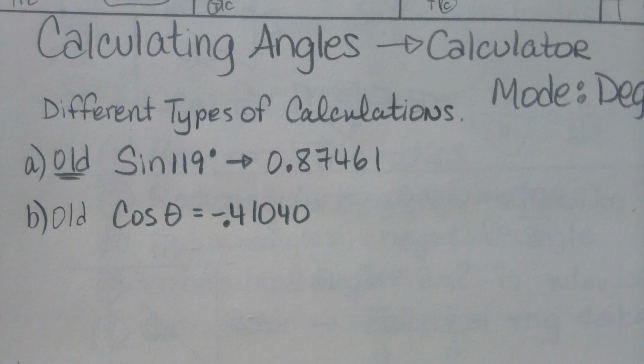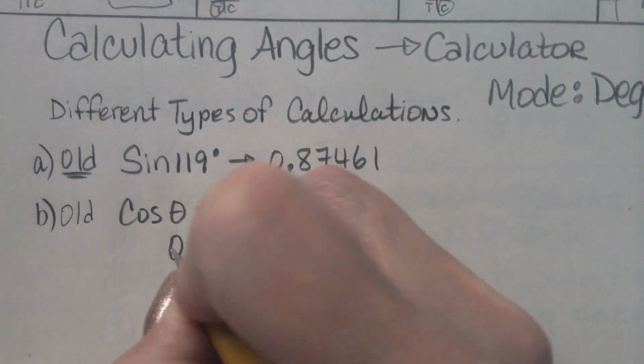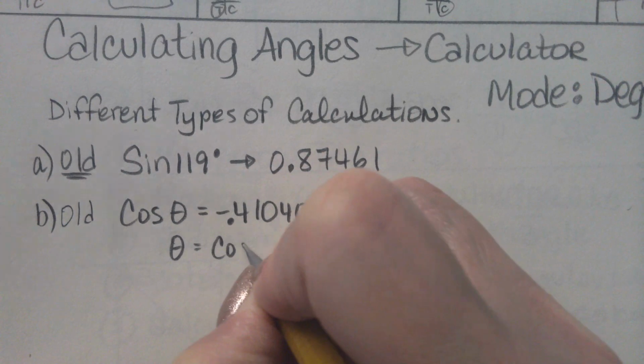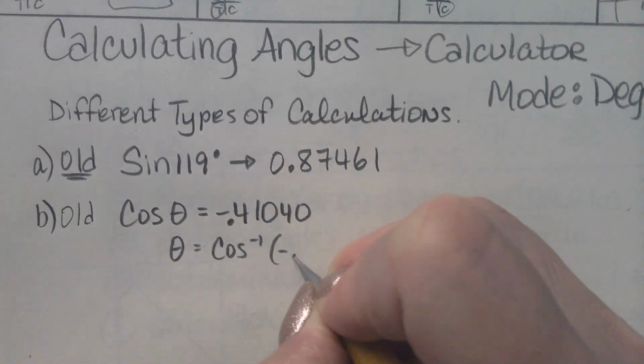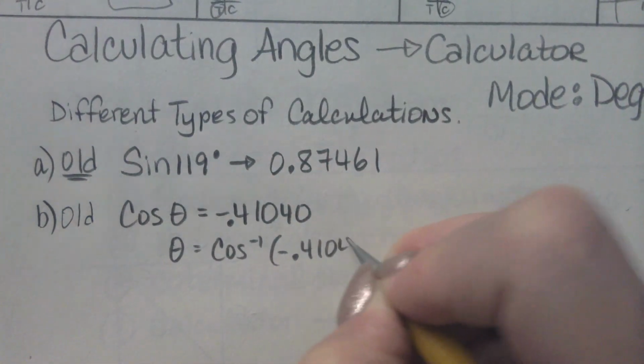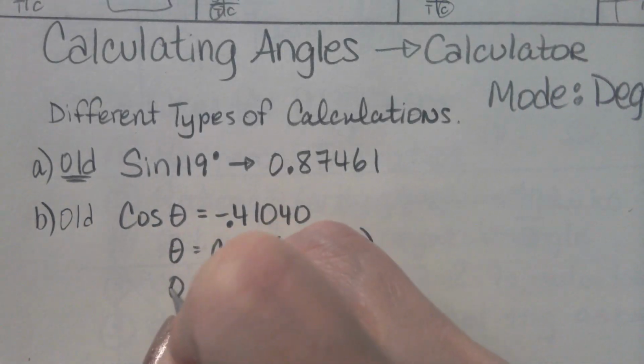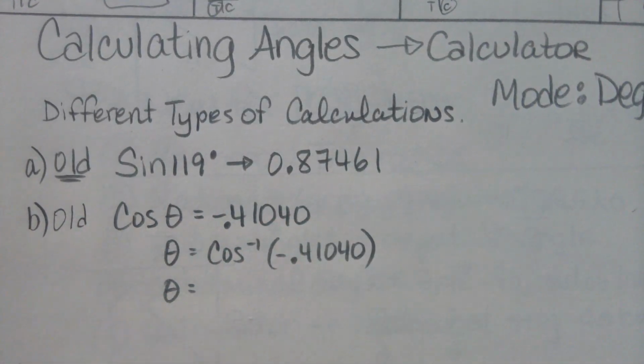Those are the opposites. So how do I get theta by itself? Exactly. So I'm going to go cos to the negative 1 of negative 0.41040. Right?